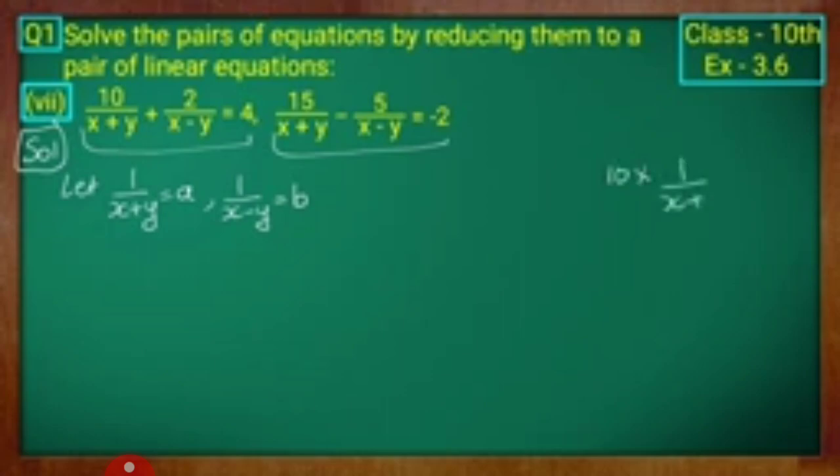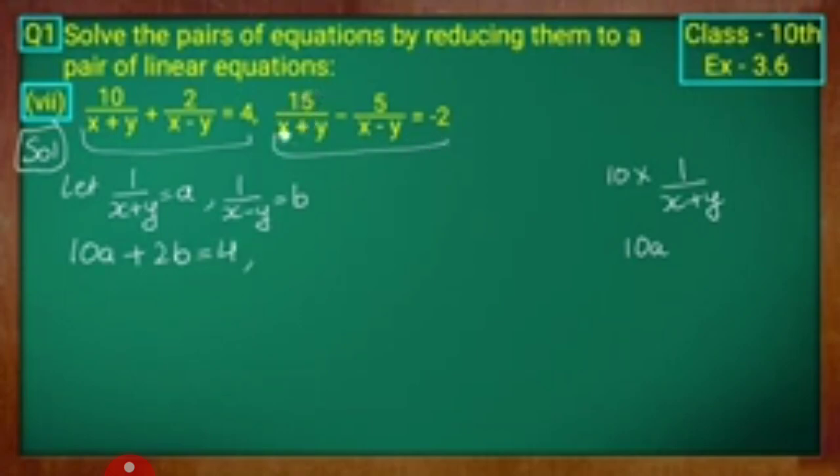So 10 upon x plus y can be expressed as 10 into 1 upon x plus y, and we have assumed 1 upon x plus y as a, so it is written 10 into a, means 10a. Similarly for x minus y, so 10a plus 2 upon x minus y can be written as 2b is equal to 4.